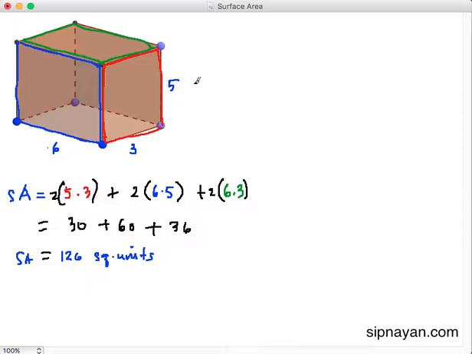For example, kunwari yung 5 natin ay height, tapos ang 3 natin ay width of the rectangle below, yung nasa bottom. This is the width. Tapos ito naman ay length.